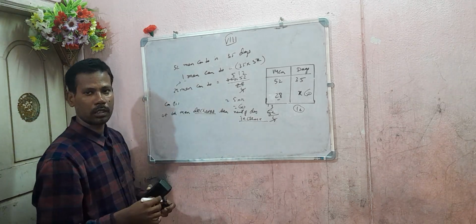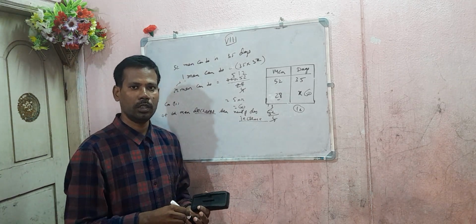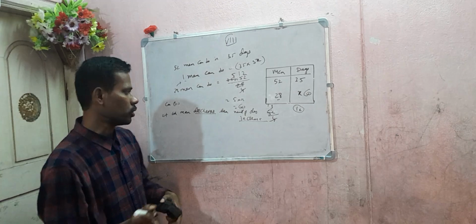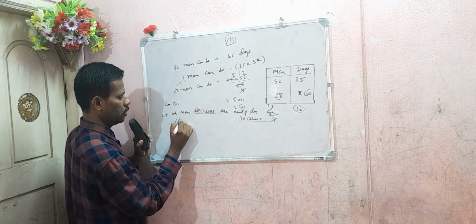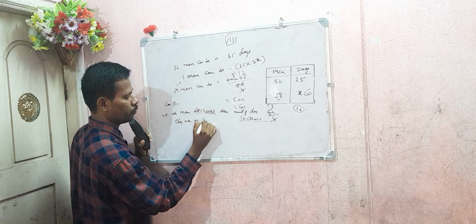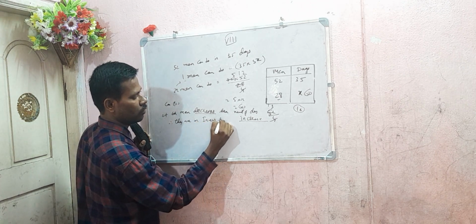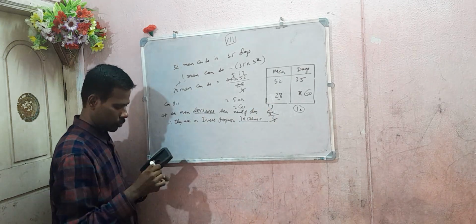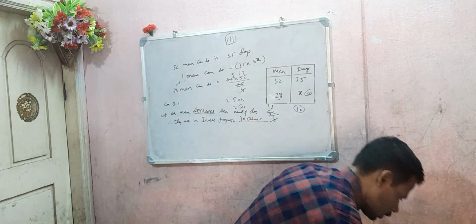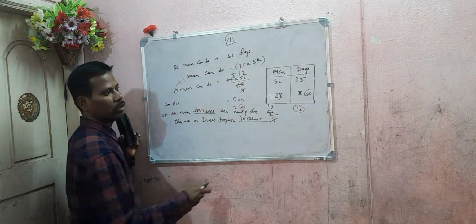So if one is increasing, the other quantity is decreasing. That means they are in inverse proportion. If the men decrease, the number of days increases. Therefore, men and days are in inverse proportion. Next, what you do?